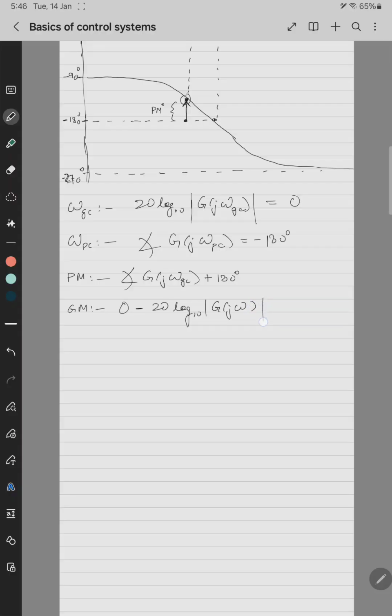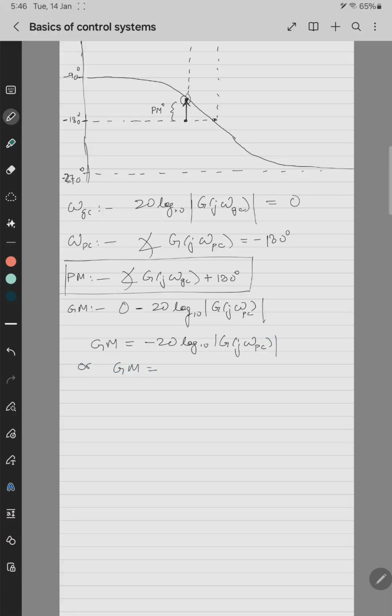Now what is omega? Gain margin is at phase crossover frequency, so omega pc. Ultimately it becomes GM equals to 0 minus 20 log base 10 of mod of G of j omega pc.